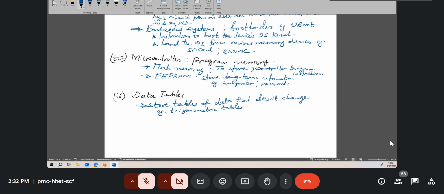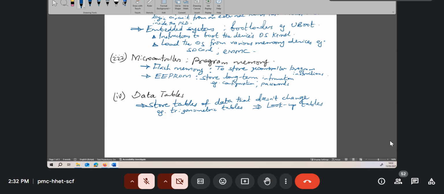So the CPU will just look up the value from a table and continue with the other calculations. That is a very common use of read-only memories. This is for lookup tables. Solutions are stored in a tabular form, and you just read them out.